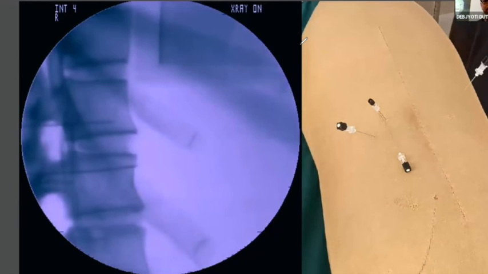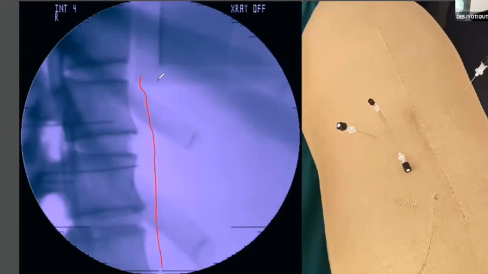So here you see, this is just the anterior border. Here it is intercrural, but it is posterior to the aorta. So as I told you, aorta will be here. So you are intercrural, but you are posterior to the aorta. So I have to advance, I have to come here, right?